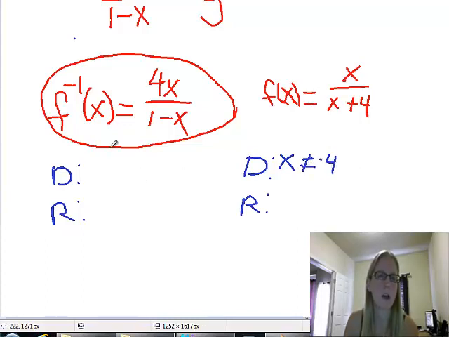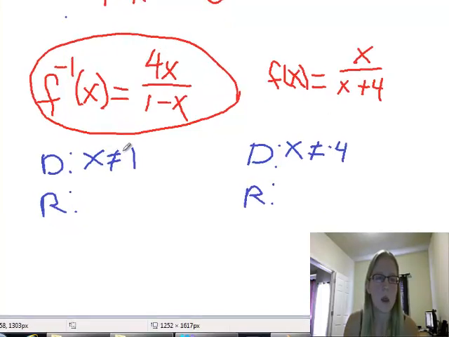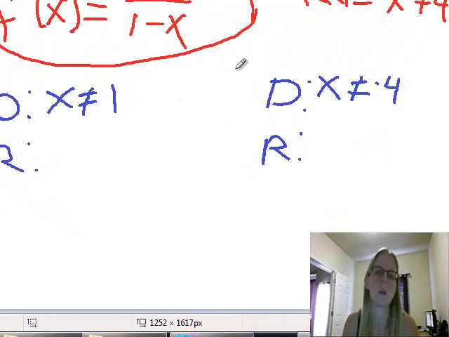And if you look at the domain for f inverse of x, I have 4x over 1 minus x. Certainly in this case you notice that x cannot equal positive 1 because that would give me 0 on the bottom, and again we have to not have 0 on the bottom. And then what we did is we switched the domain and range.